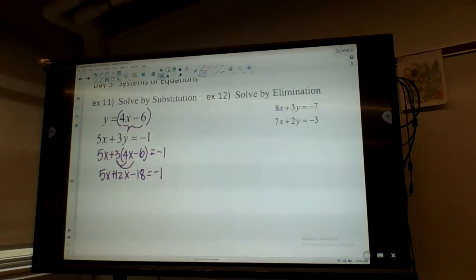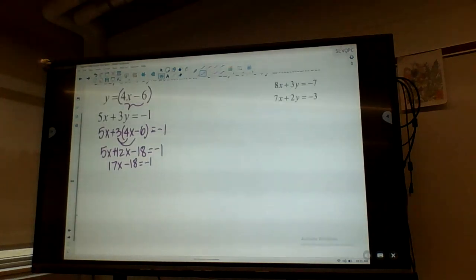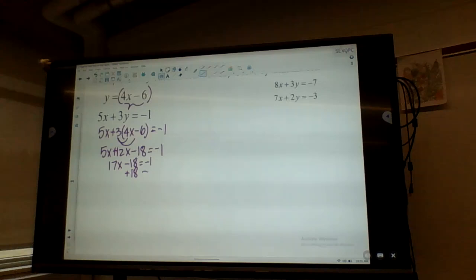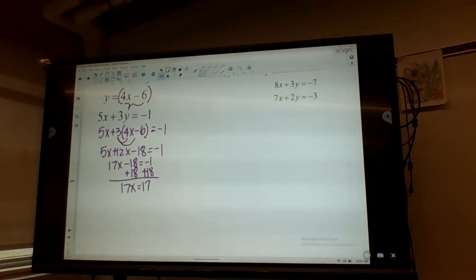So now we're going to combine some like terms. We have 17x equals 17, which means x is 1.